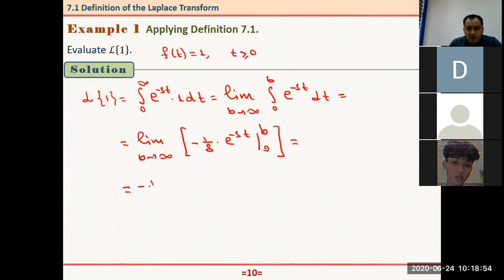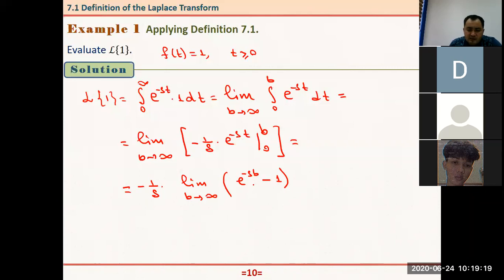So here we have minus 1 over s times the limit as b goes to positive infinity, right? And here we have e to the power minus sb, because now t is equal to b, minus, when t is equal to 0, e to the power 0 is equal to 1. Here we have 1, right?